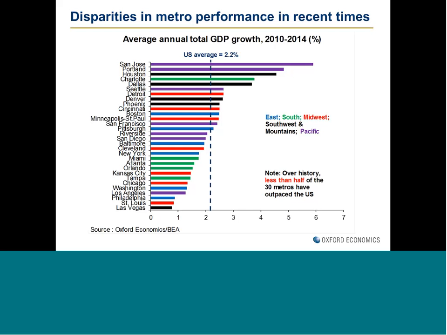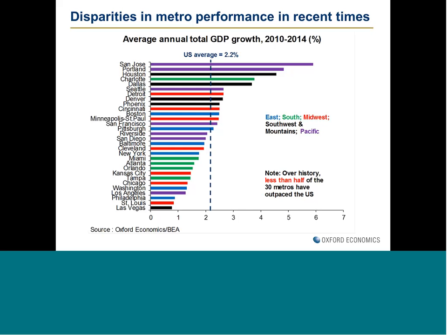So you can see here at the top, San Jose leads the way, average annual growth of 5.9%, and that's a clear indication that its sectoral structure, the specialisms in IT, the manufacturing industries catering for the IT sector, as well as professional services, was ideally suited for economic growth in the metro.